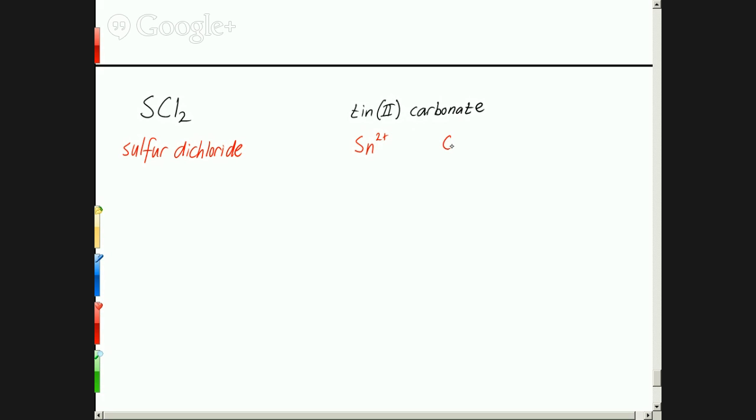And we know that carbonate is CO3, 2 minus. So we stick them together. So we got SnCO3. No, because we only have one of them. If we had more, we would put it in parentheses. If we had a 1 plus, that's good that you know to go with 2 of them, but in this case it was 2 plus.